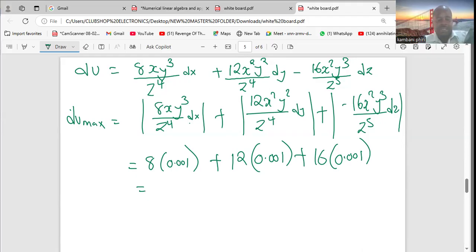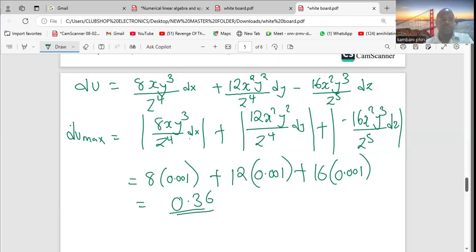The easiest is just to say 0.001, open bracket, 8 plus 12 plus 16. That is 20 plus 16, 36. So the answer is 0.036. This is our answer. All right.